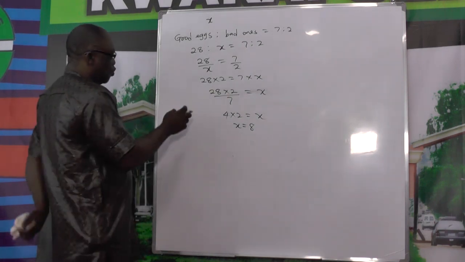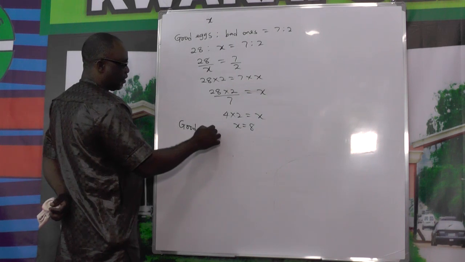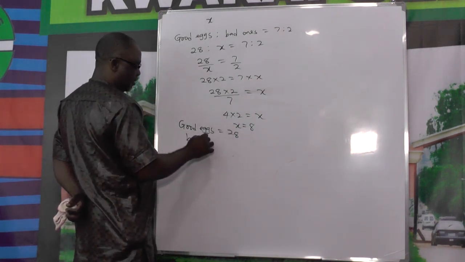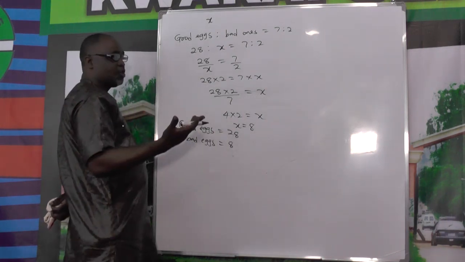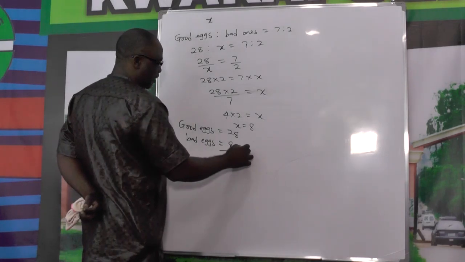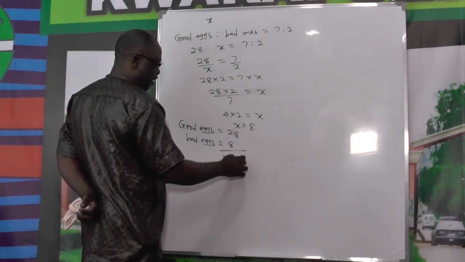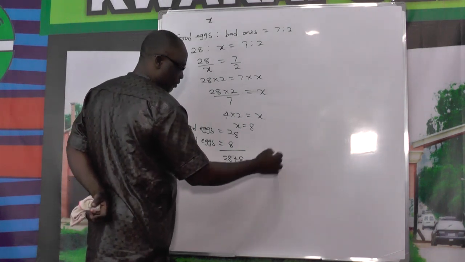Now, if good x is 28, bad x is 8. How many x do we have altogether? We just add this, 28 plus 8. I have 36x.